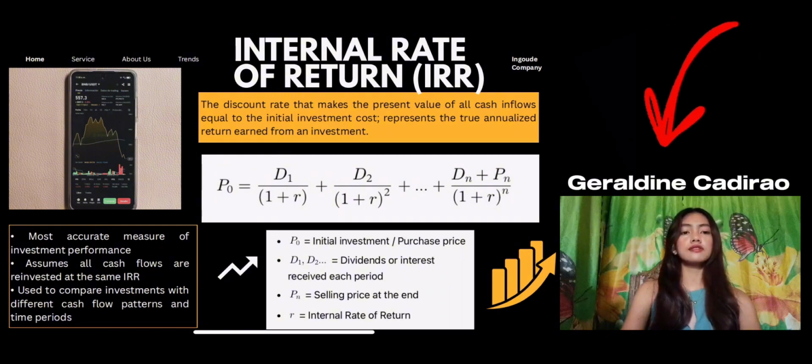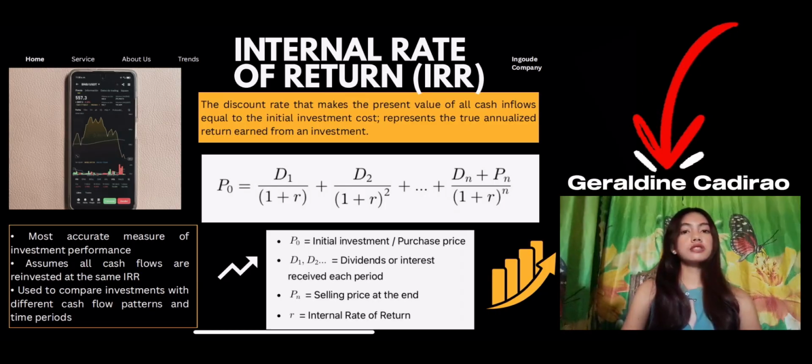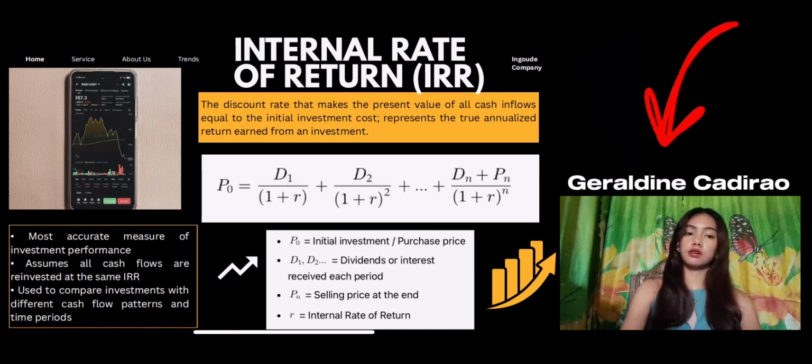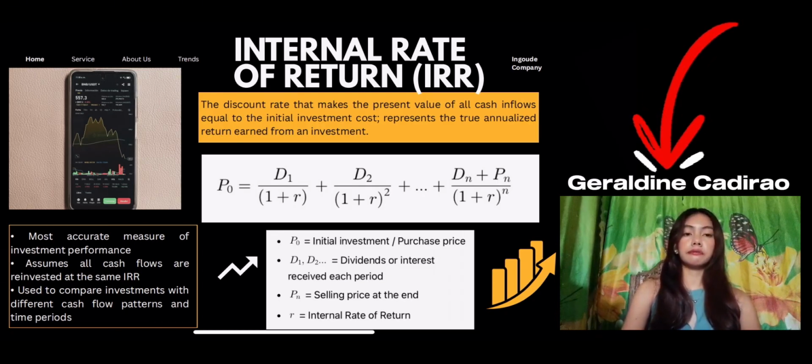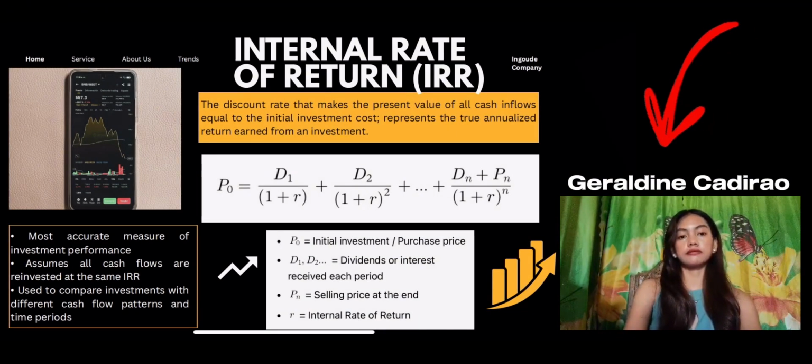It is the most accurate measure of performance, unlike simple return. An internal rate accounts for the time value of money. It recognizes that money you receive later is worth less than money received today.